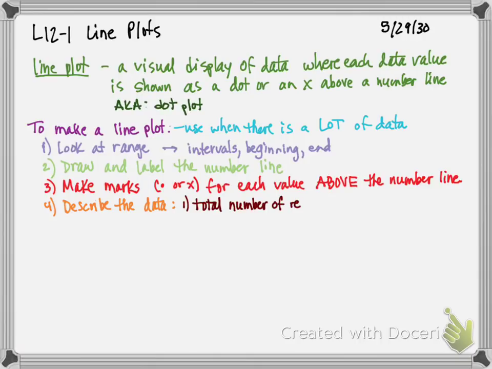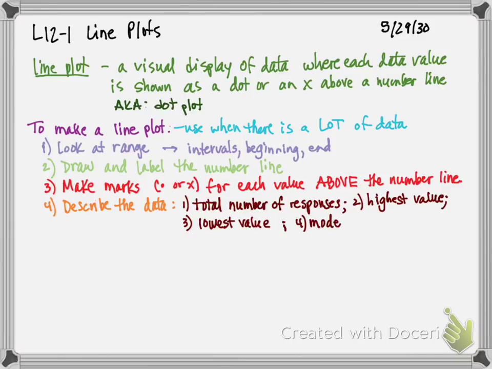So how many people participated. 2, you're going to figure out what is the highest value. People always want to know that. You are going to talk about the lowest value, so our minimum and maximum, right? And probably the most interesting one is, what do people like the most? So that's your mode.